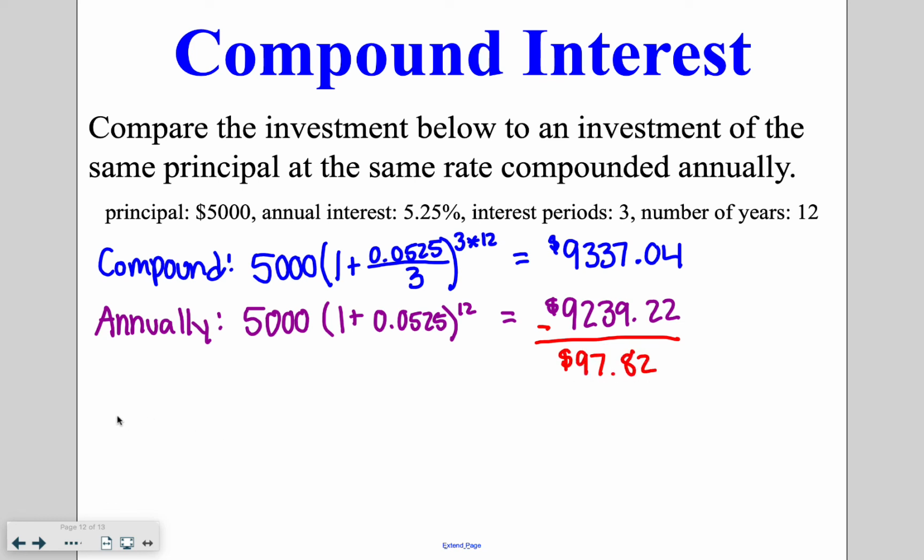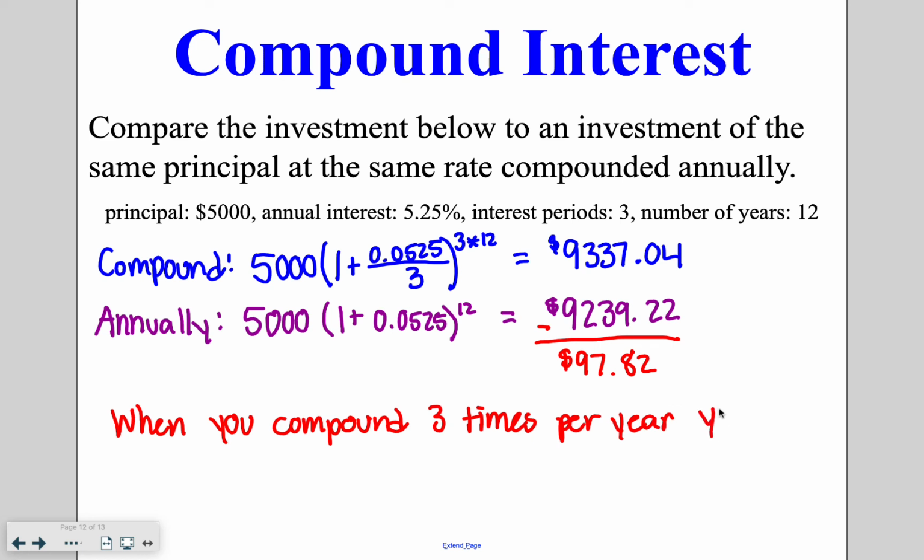So what that means is when you compound three times per year, you earn an extra $97.82 in interest. So we have that extra piece that we earn.